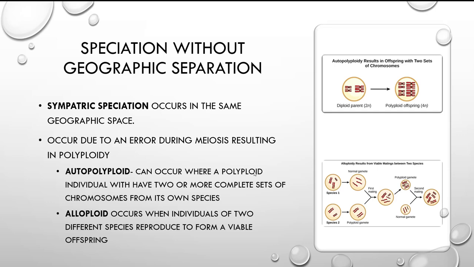So this occurs when there's an error during meiosis, and it results in polyploidy. Okay, so an example of this would be something called autopolyploid.